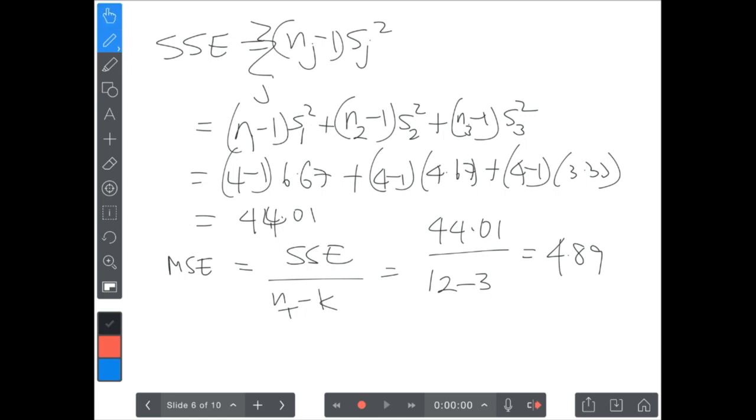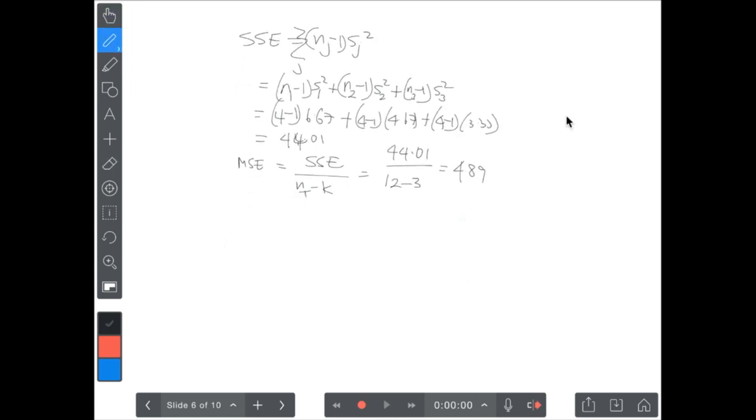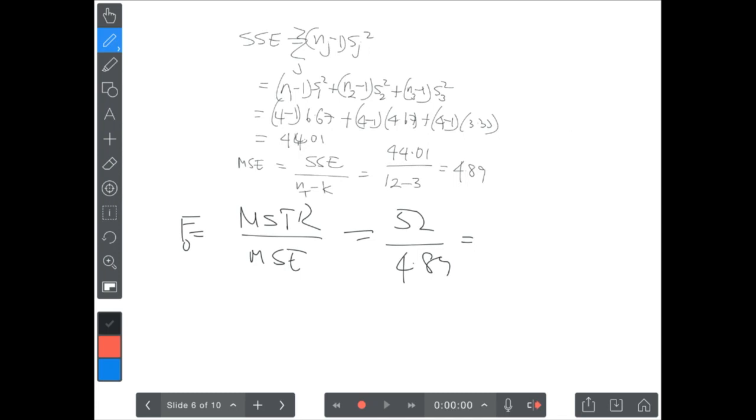And now we could actually calculate our F statistic. So F observed is MSTR divided by MSE, and that is 52 divided by 4.89, which is equal to 10.63.